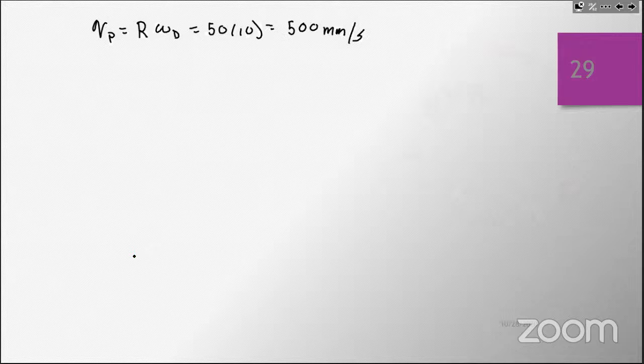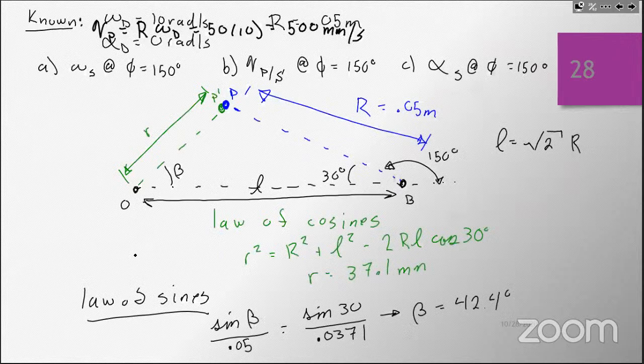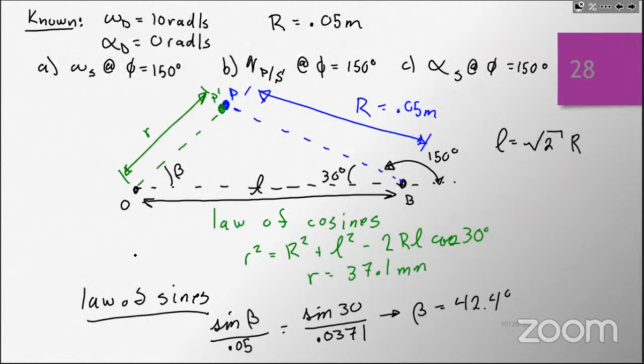Okay, so I know VP. What is that angle? Let's talk about that. If this is tangential to my path, what's this angle in here? 30, 32. We can figure out that angle, but is that really the angle that we need?